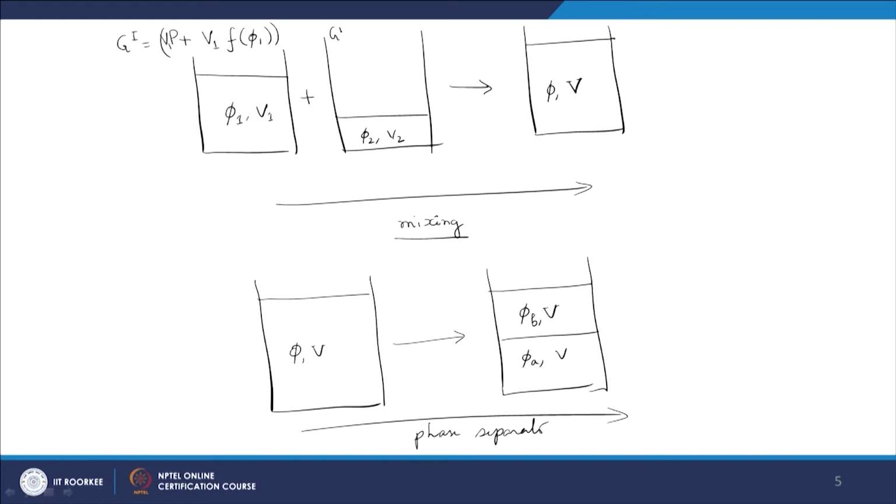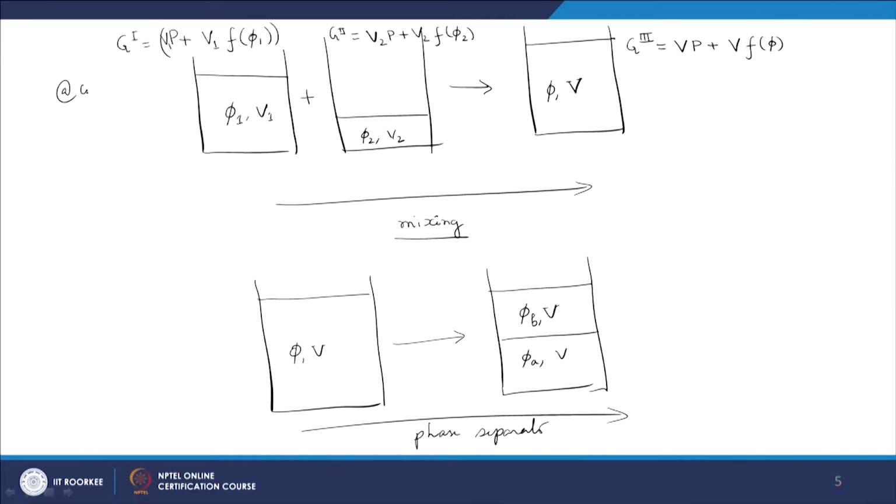Similarly for the second liquid, we have V2 P plus V2 f of phi2, and if they come together and form a homogeneous phase, we have G3 equal to V P plus V f of phi. We are assuming that it is happening at a constant temperature, such that we can write f of phi t as simply f of phi.